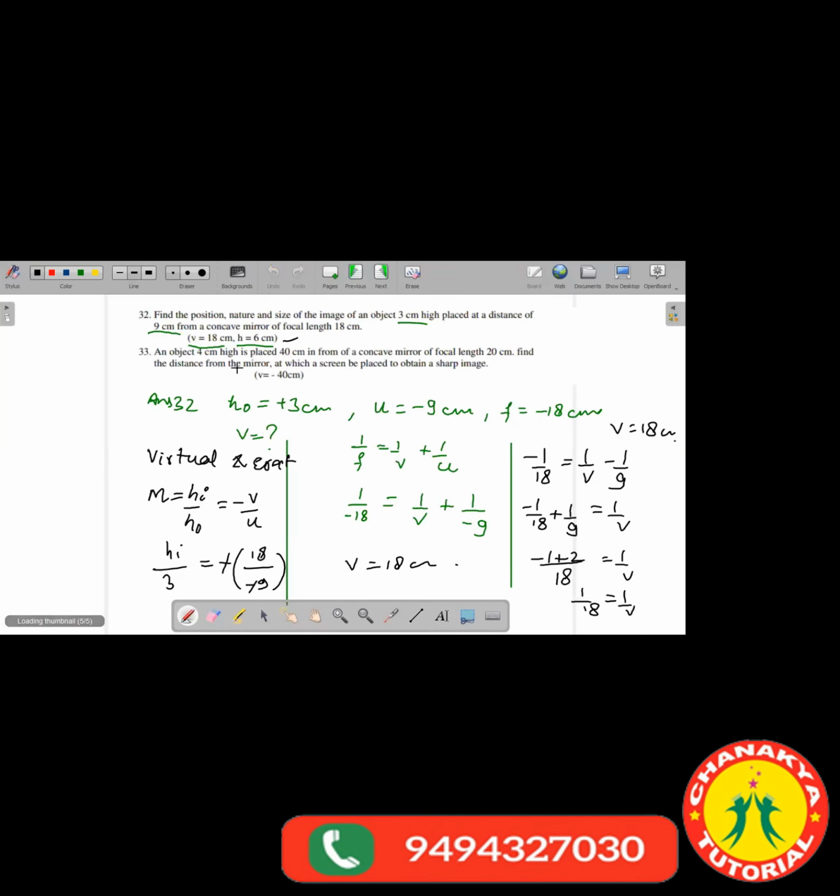Okay, what did you get? Sir, minus 40. Minus 40, yes. So image distance should be minus 40, that is correct. Also find your magnification, and also find the height of image.